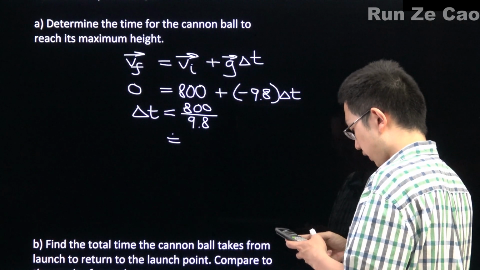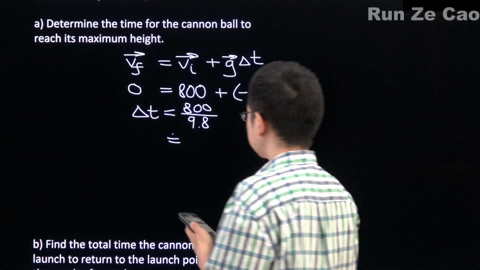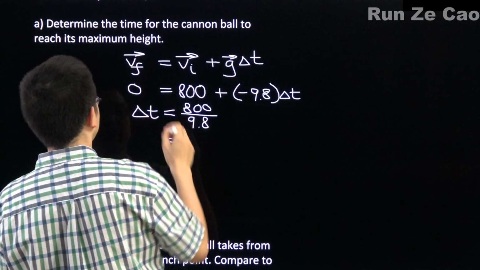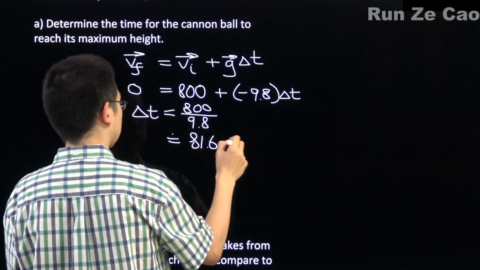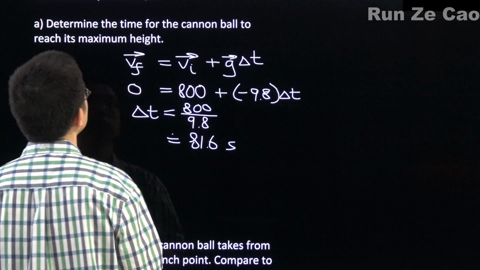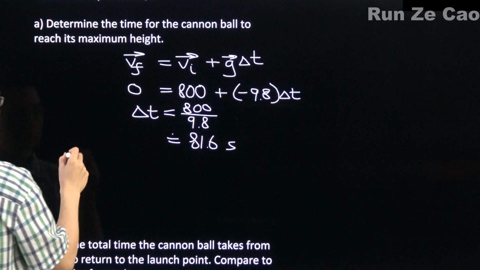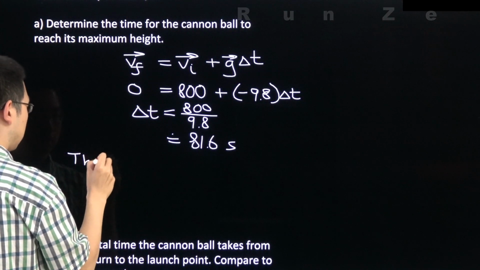So 800 divided by 9.8 is approximately, well, there are 3 significant digits because 800 was the number we were given, 81.6 seconds.